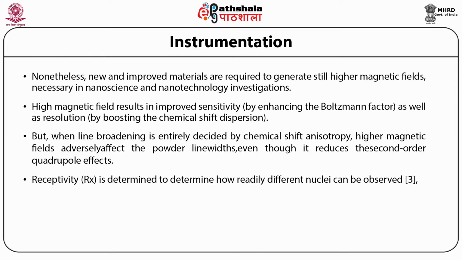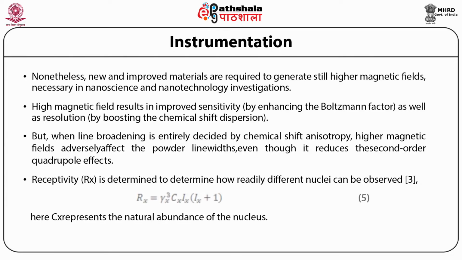The receptivity R is determined to show how readily different nuclei can be observed. So, R_x, where x is the subscript, is equal to gamma cubed with x as a subscript times C_x into I_x(I_x plus 1).